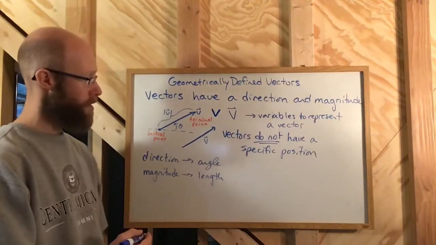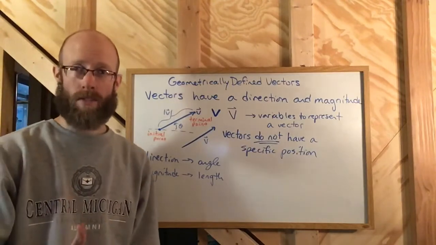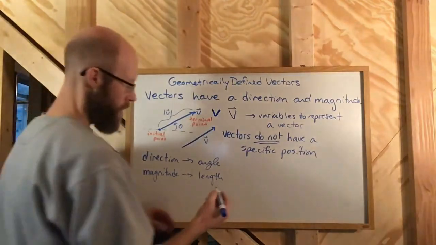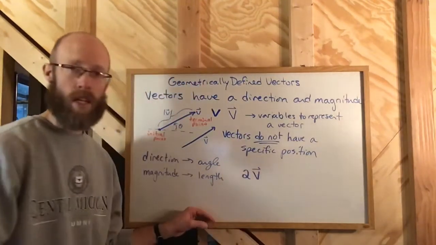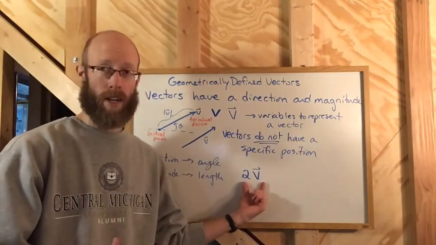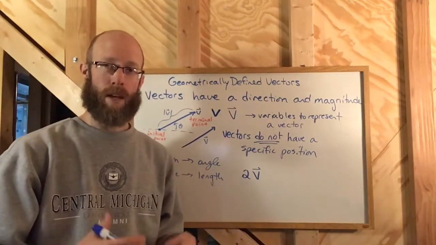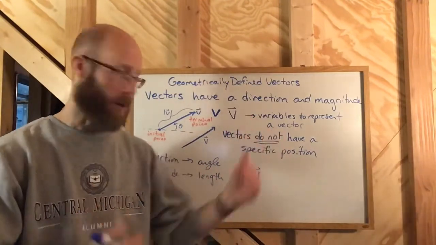Now you can change the size of a vector. If I wanted a vector that is twice the size of vector v, 2v, this would be a new vector in the same direction but now twice as long.